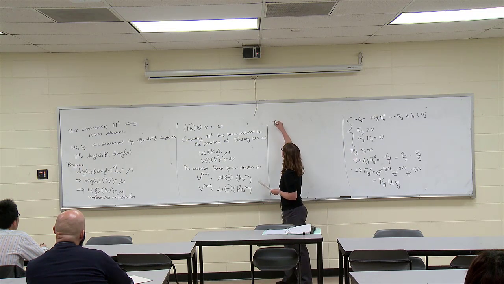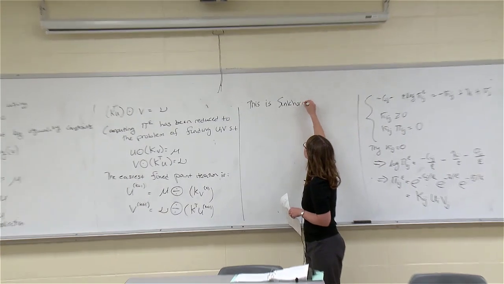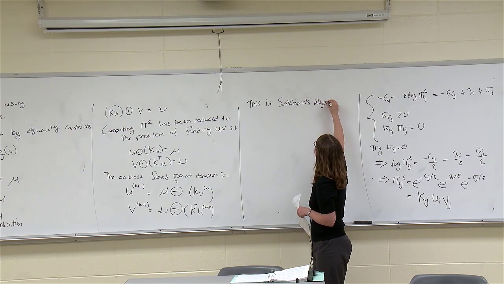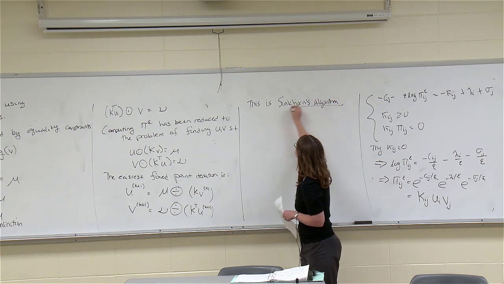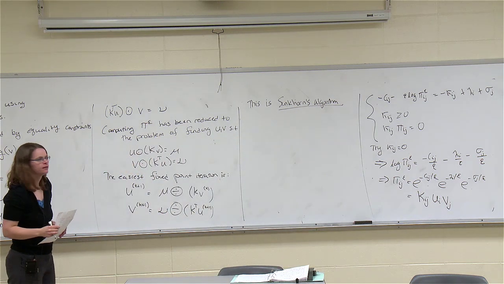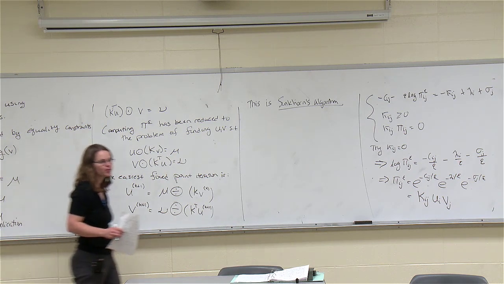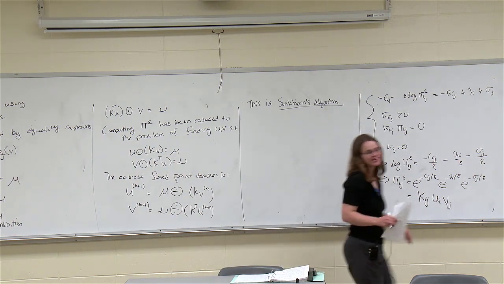So this is Sinkhorn's algorithm, which I like. If I wanted to, I could put this on a homework assignment and say, code this up for me next week, and you could do it, no problem, right? It's like 2 lines of code, 3 lines of code.